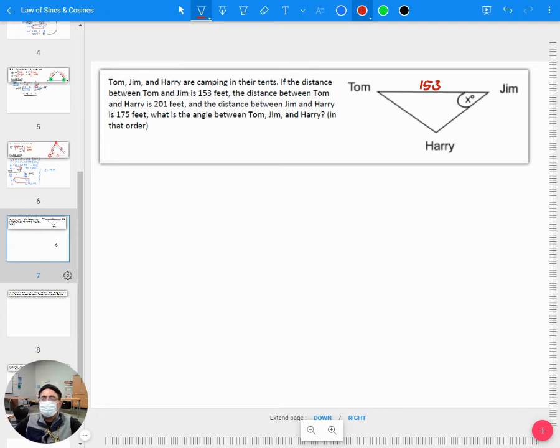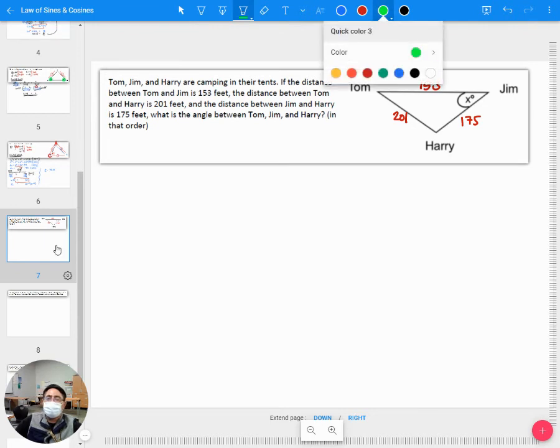The distance between Tom and Harry is 201 feet. And the distance between Jim and Harry is 175 feet. What is the angle between Tom, Jim, and Harry? You can see that in the same order it is taken: Tom, Jim, and Harry. This is the angle you are asked to find.